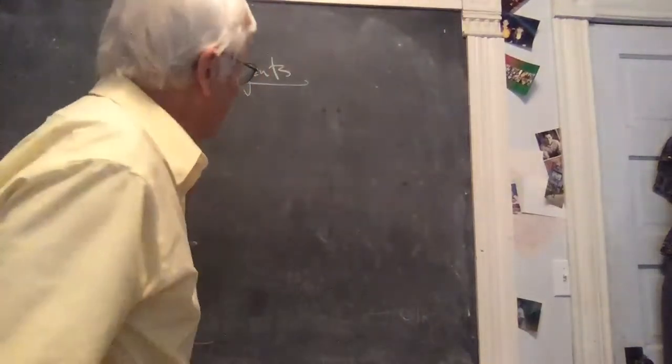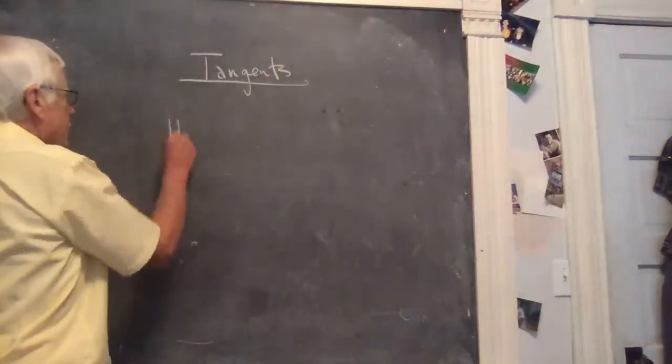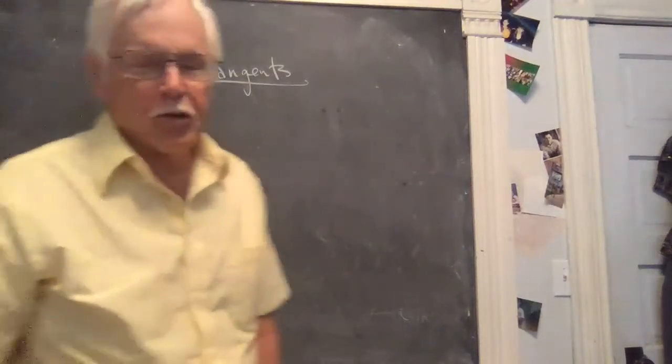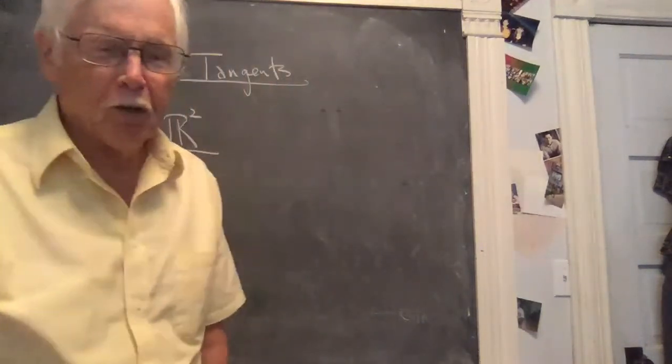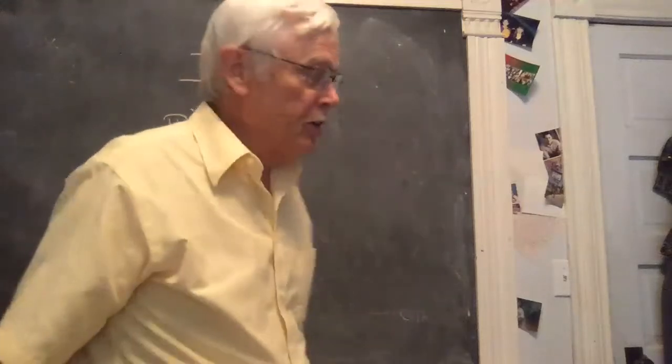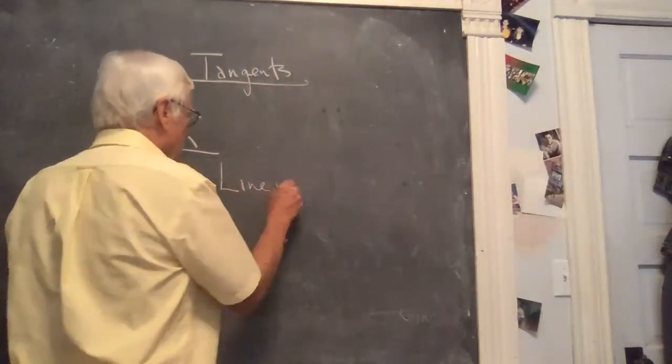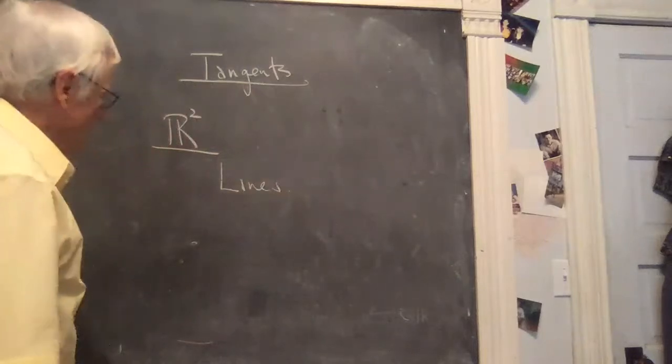So we'll be looking at equations. Let's begin in R2. So in R2, our objects are going to be curves, and so we'll be looking at tangent lines. And so we only have lines to deal with here. But we can deal with lines in a couple of ways.